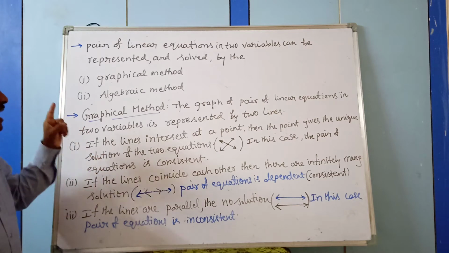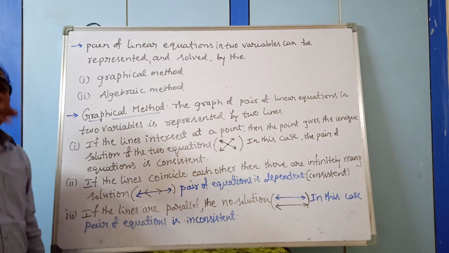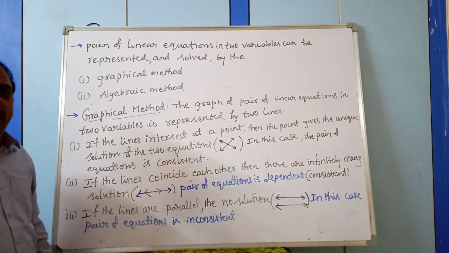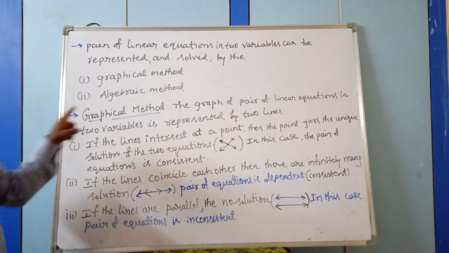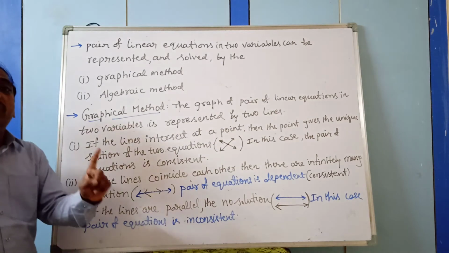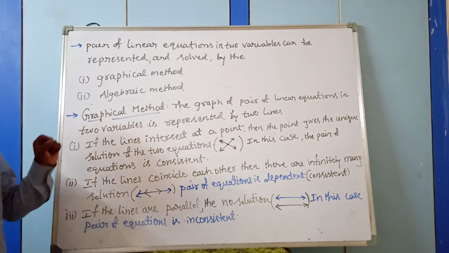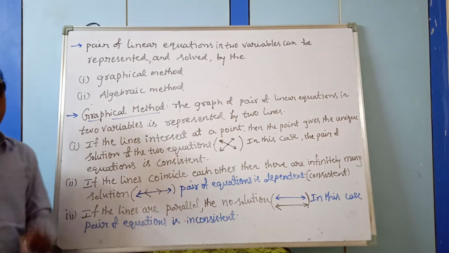Graphically, when we are solving, we plot the points correspondingly for x and y coordinates. If those two lines in the same graph, when we plot and join the points, are intersecting, they will have a unique solution, and a unique solution is consistent. So intersecting lines will have a unique solution.